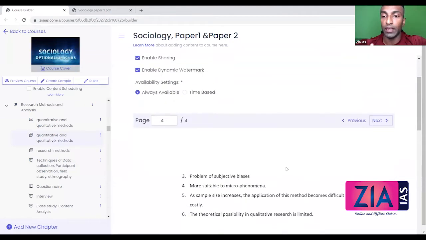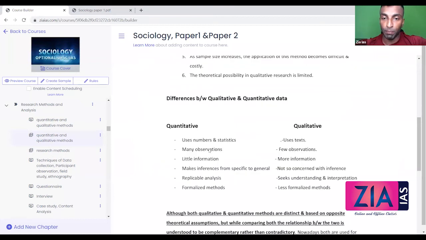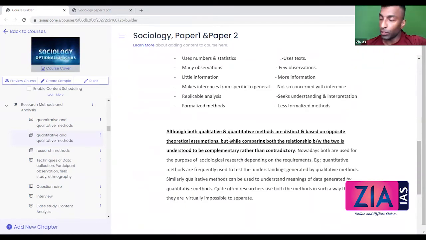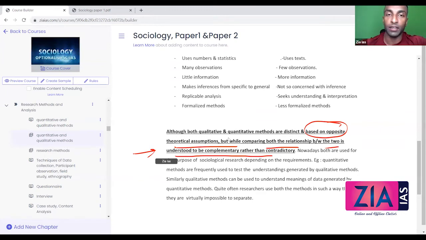These are mutually responsive or mutually supportive, right? So although they are based on opposite theoretical assumptions, while comparing, the relationship between the two is understood to be complementary rather than contradictory. Guys, don't tell sociology is difficult after this.